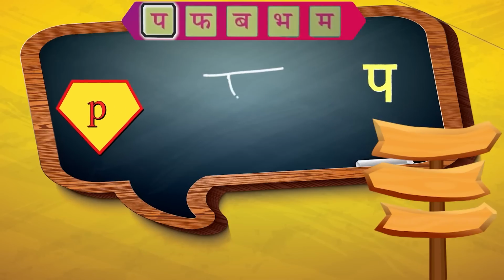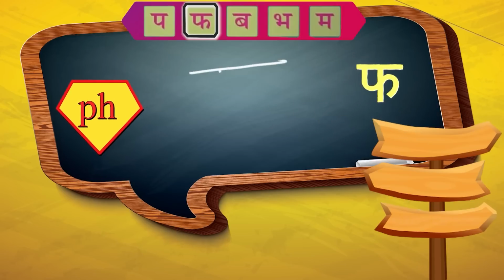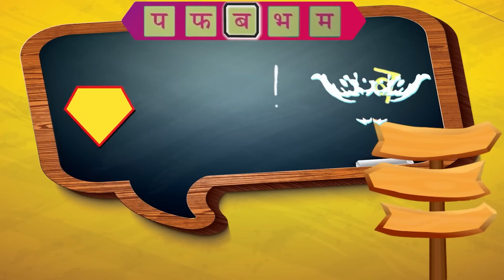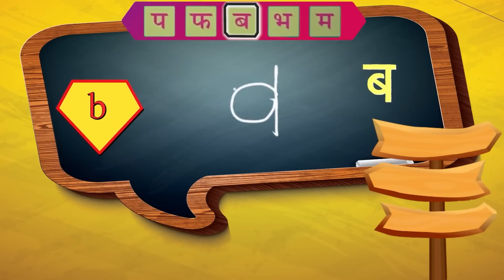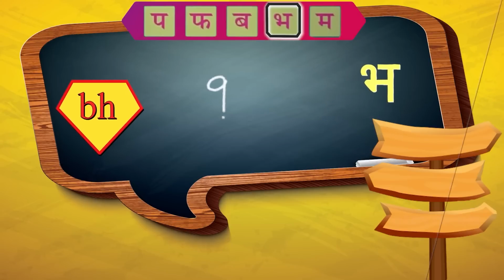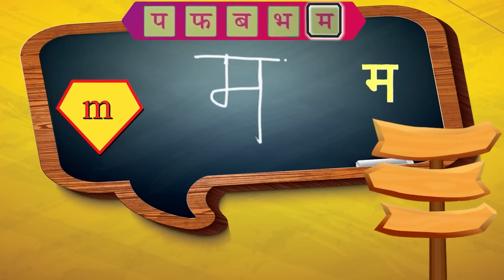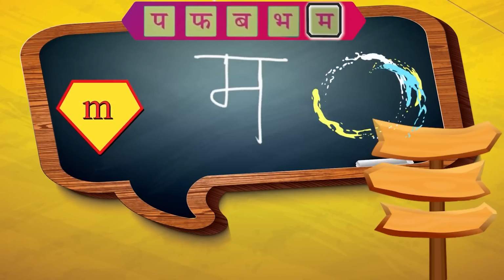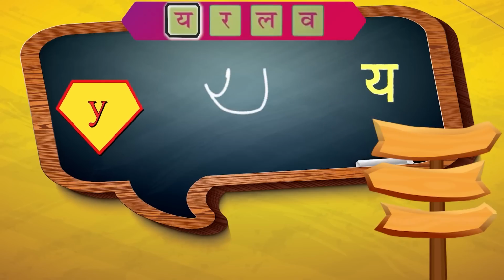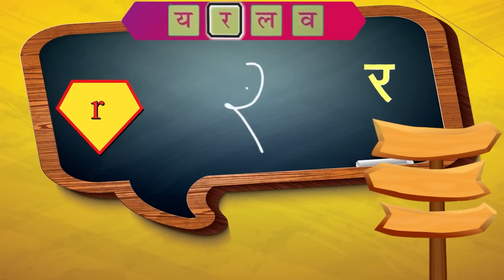This is pa. This is pha. This is ba. This is bha. This is ma. This is ya. This is ra.